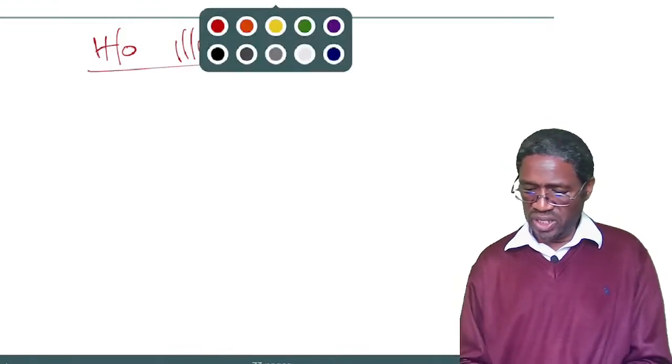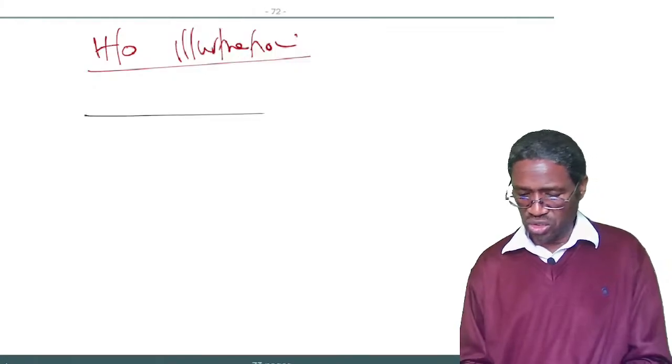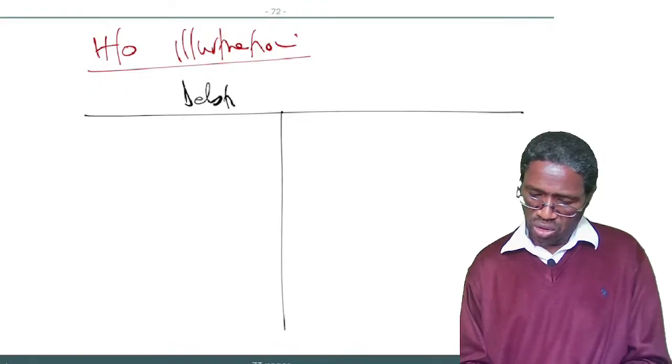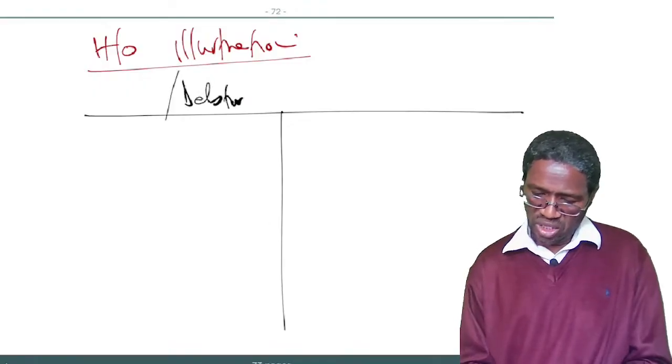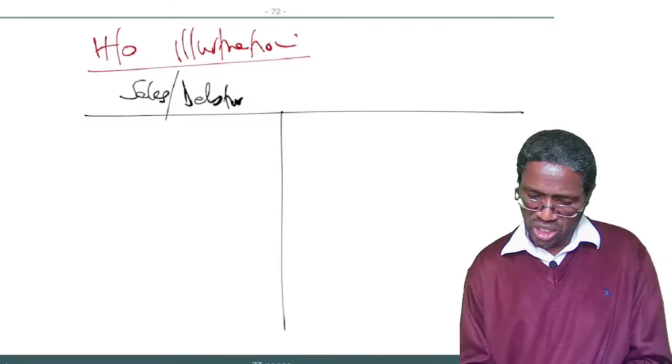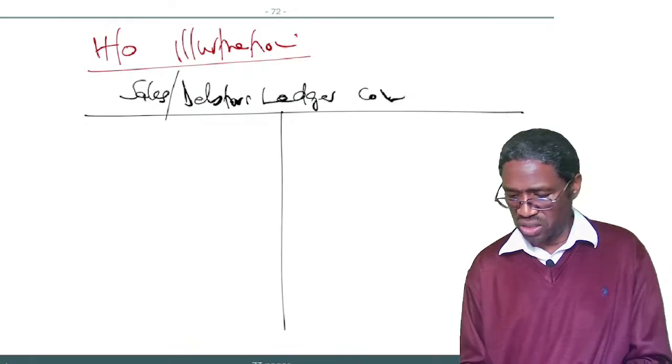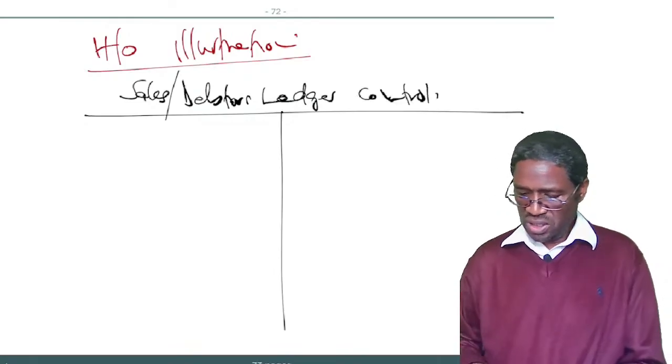So let's open an account called Debtors Control. We have said it's also called Sales Ledger or Debtors Ledger control account. Then you can open another one.